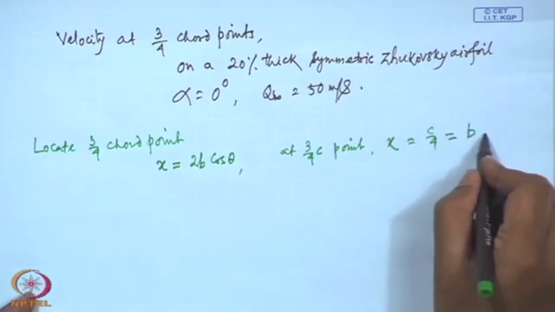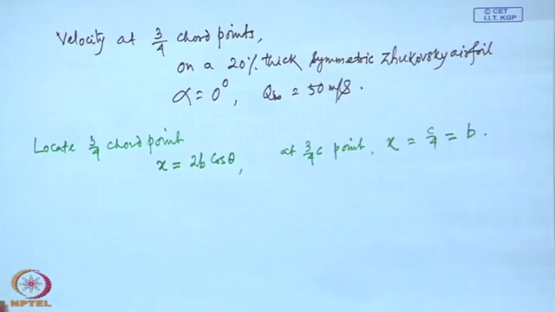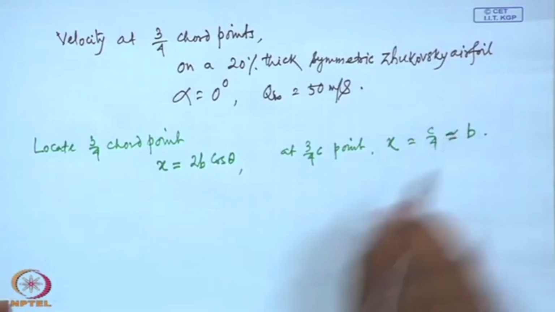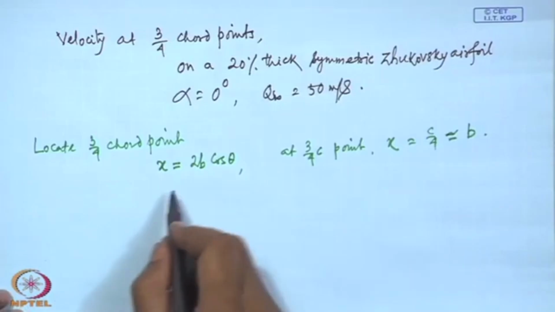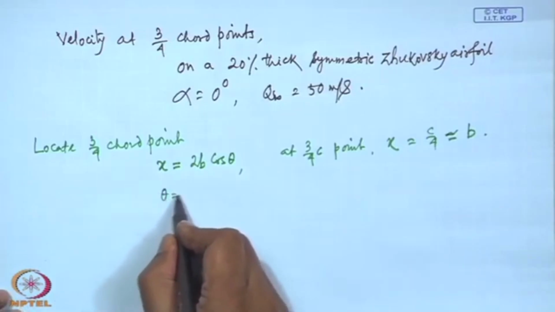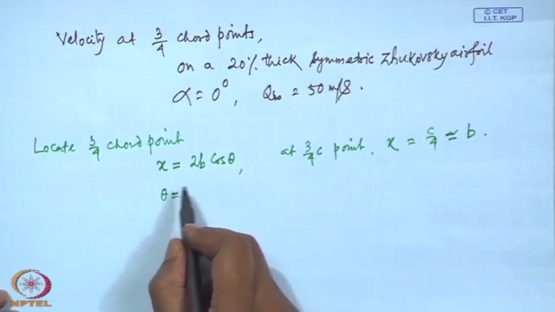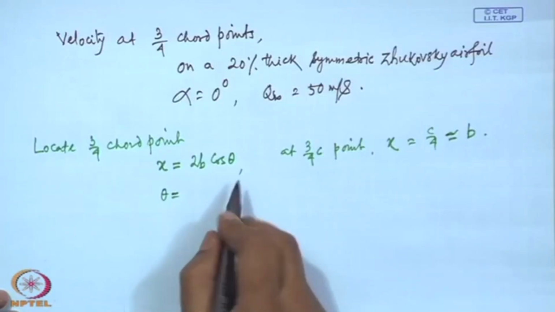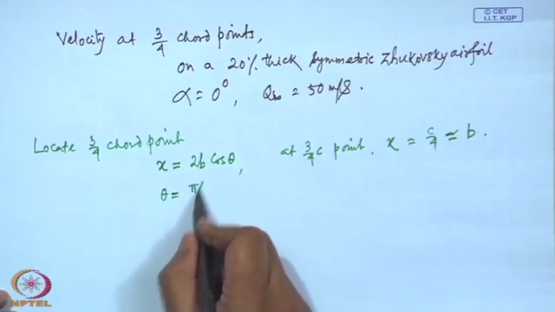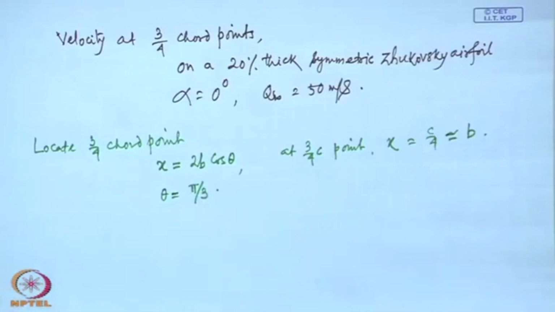So, this is approximately b. So, how much is theta? Pi by 3. Okay, that is the location of the point.